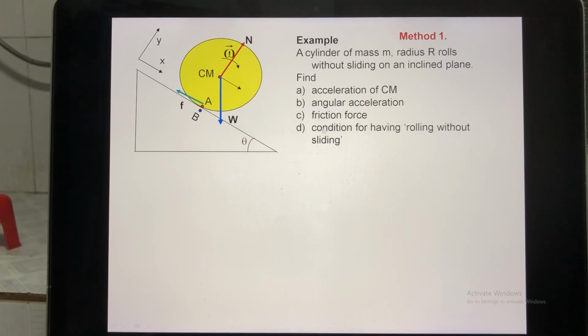Here, the first one is the acceleration of the center of mass. The second one is the angular acceleration, that one is step 3. And then the friction force, that one is step 2 when you have the equation of rotation. So this friction will make the system rotate. And the final one, the condition for having rolling without sliding.